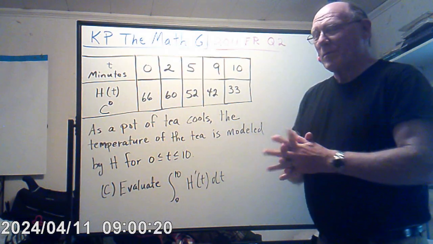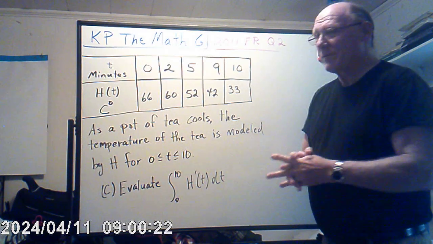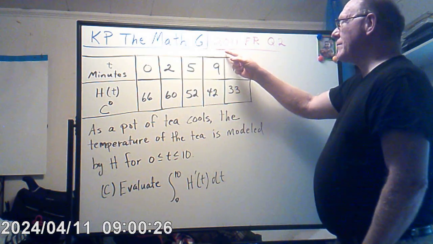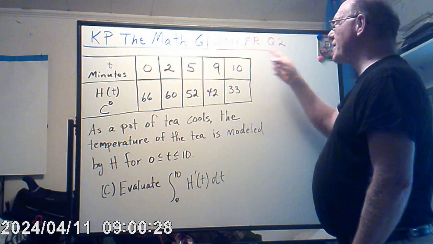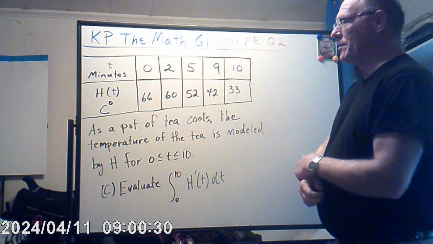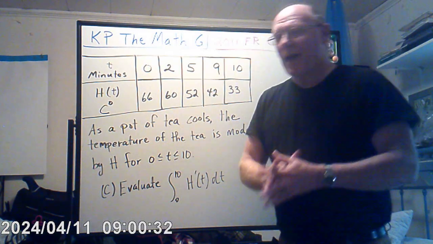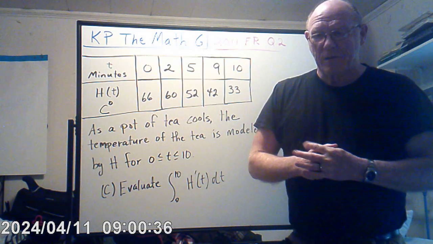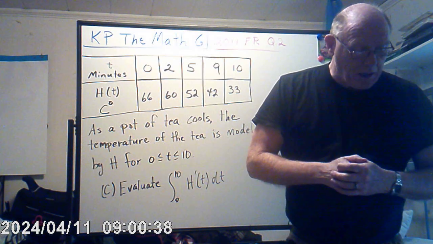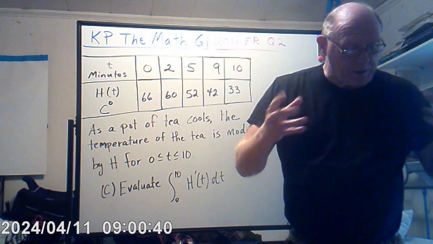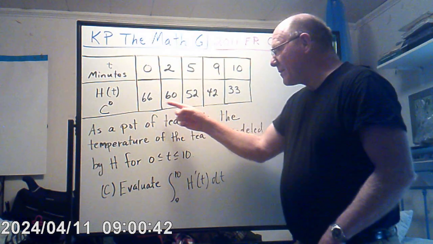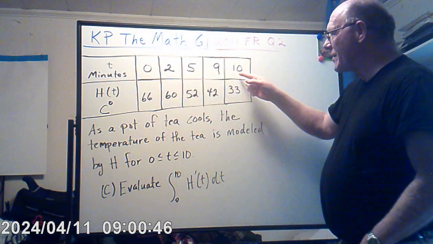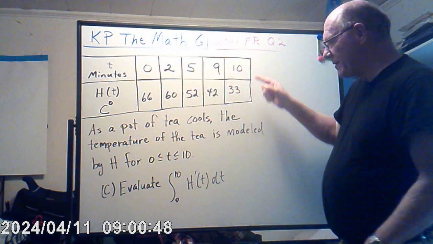And as I said before, especially if you were on the last video, we are dealing with the 2011 free response question number 2, and it has to do with T being the temperature of the tea going down as the time goes further from 0 to 10, as we can tell.